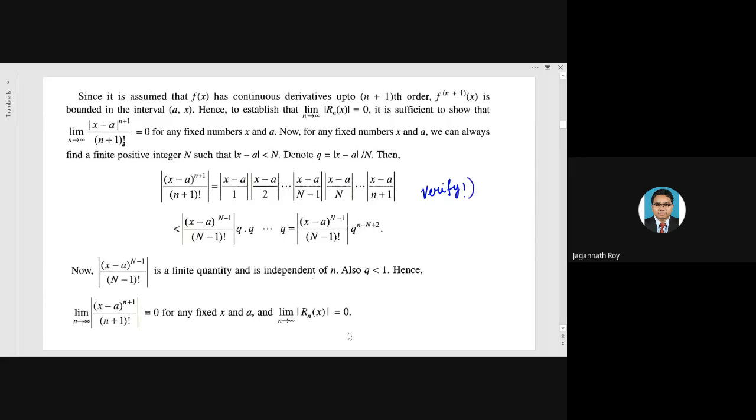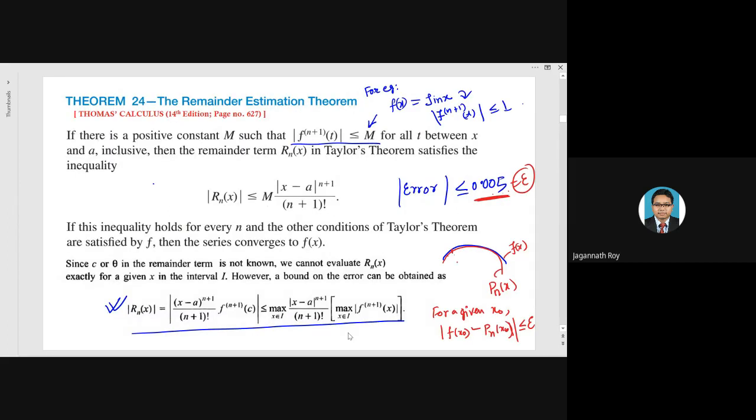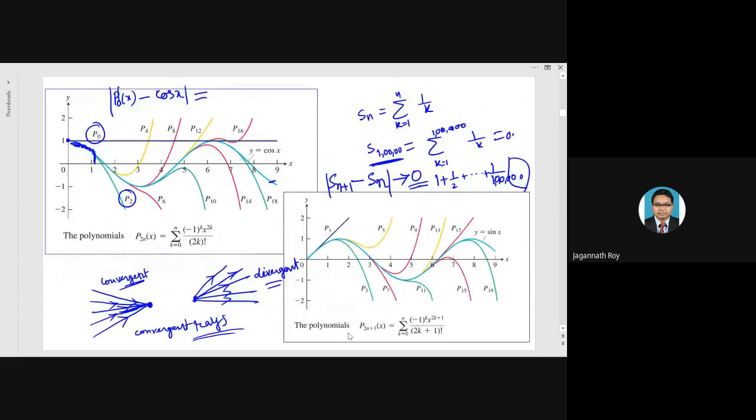Try to verify, that as n tends to infinity, this error will go to 0. That means whenever you increase the degree of the polynomial, n tends to infinity.